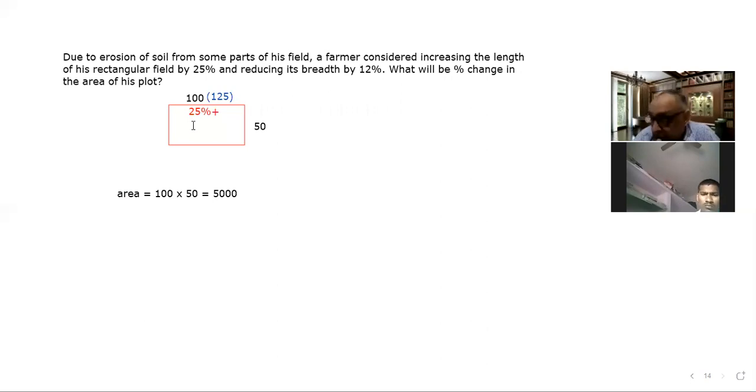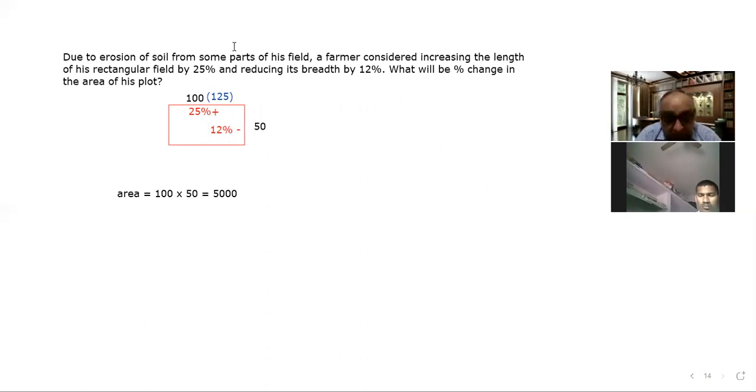And on the other side, the breadth has decreased by 12%, so I have put a minus 12% here.